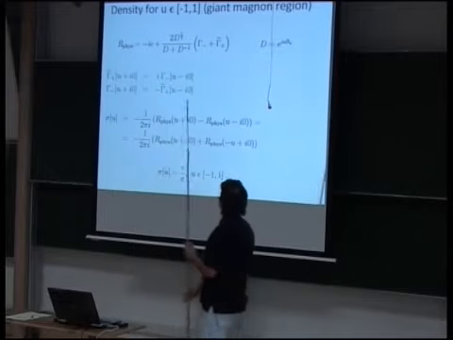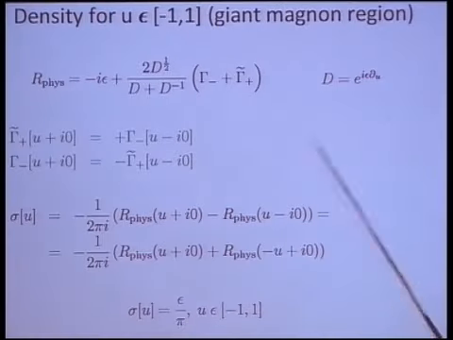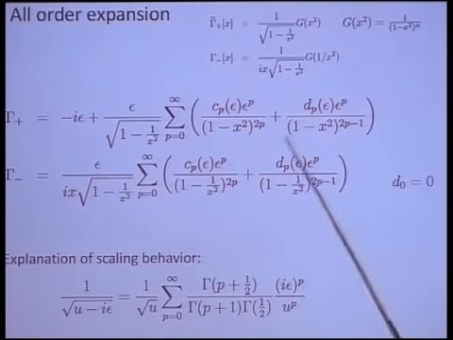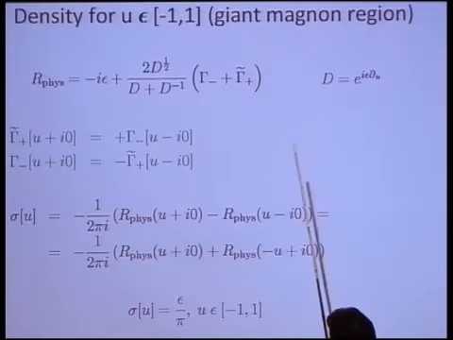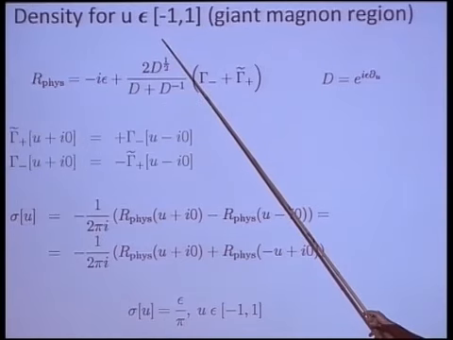Now I just make a little comment which is rather nice: we still don't know these coefficients, but even if we don't know them, we can calculate the fluctuation density in the giant magnon region.